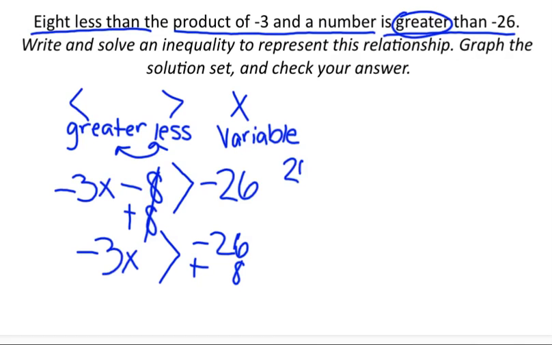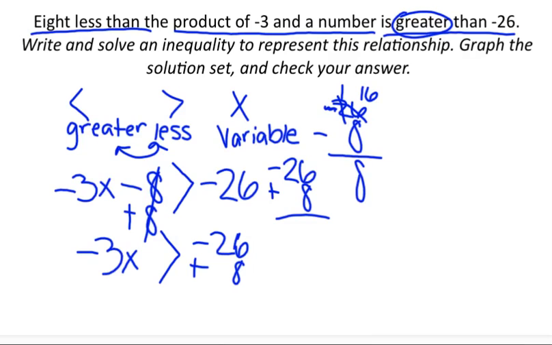And what you have to do is add these. Since it's a negative plus a positive, you have to do 26 without the negative, minus 8, and you get negative 18.